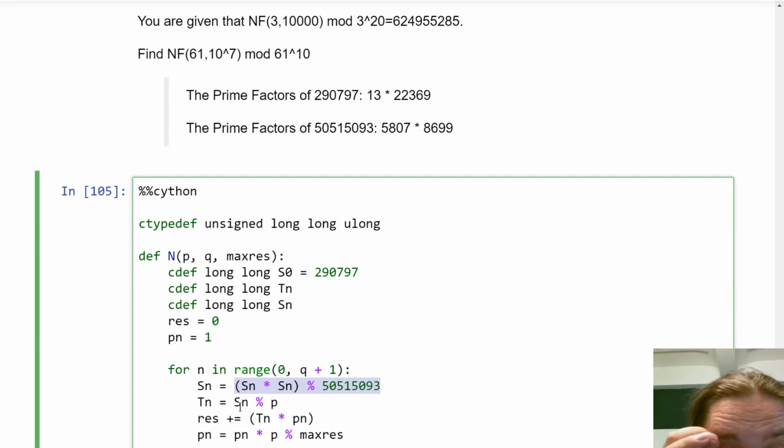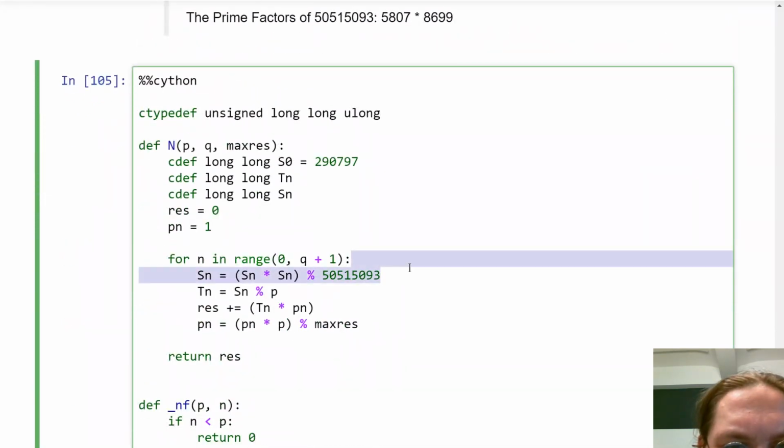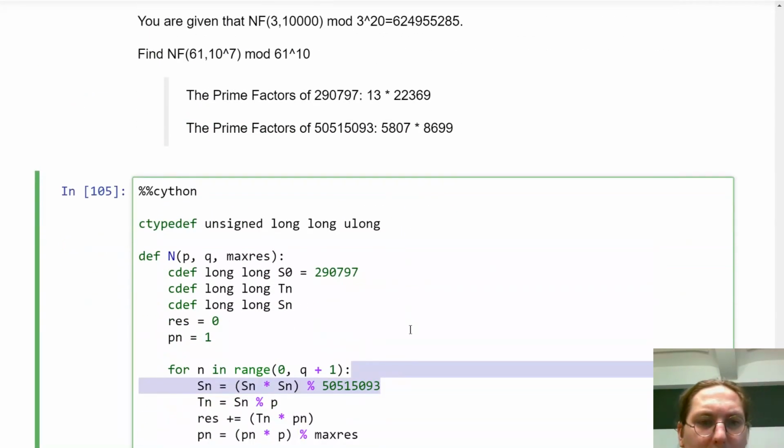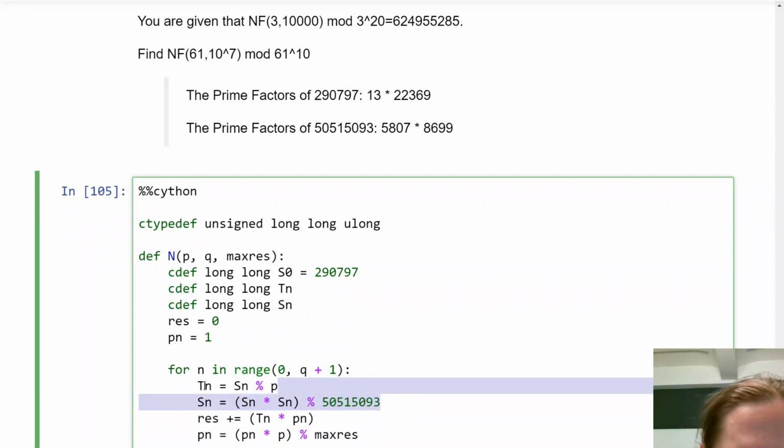So maybe we should compute the Sn after calculating t, because the first one is 0, right? That's a good point. So Tn, yes, fair enough. Even before this wouldn't be a problem. Right, yes, fair enough. We're only using Tn in this. Okay, that makes sense.